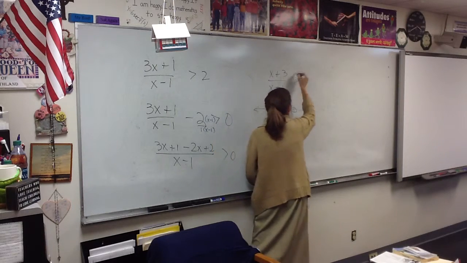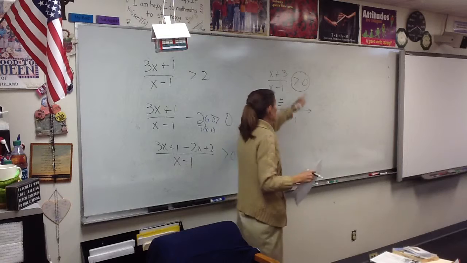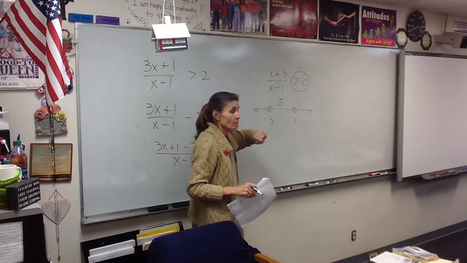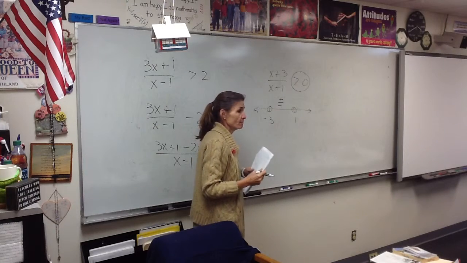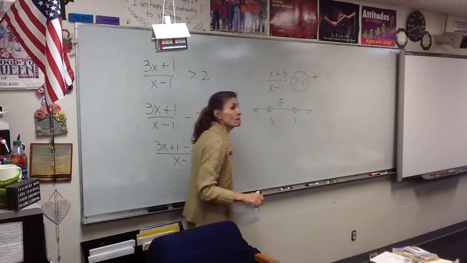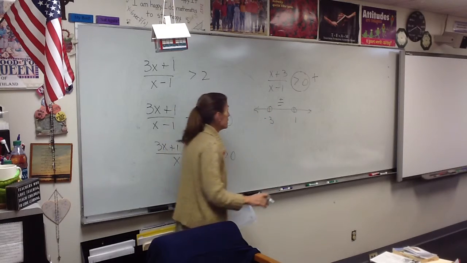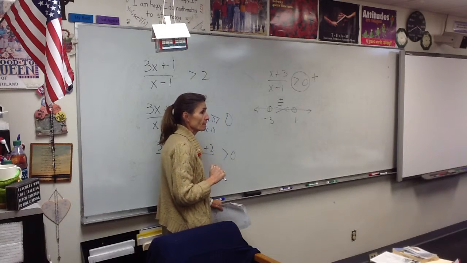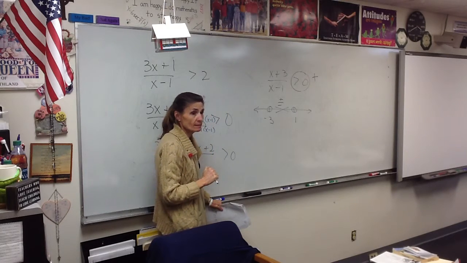Does that give me the kind of fraction that my problem is asking for? What does greater than 0 mean? Positive. Does positive over negative give me positive? No. So this section doesn't work. It didn't give me what I wanted.